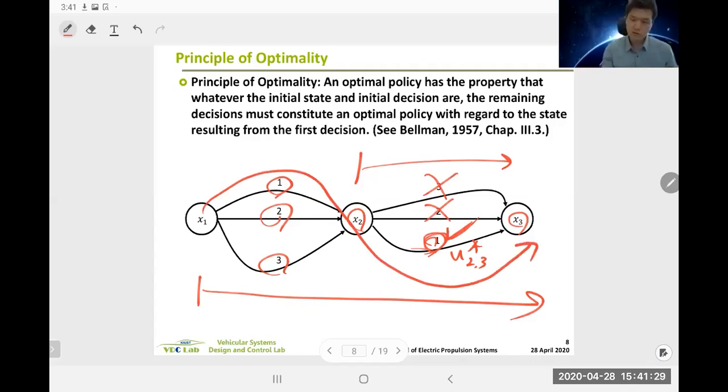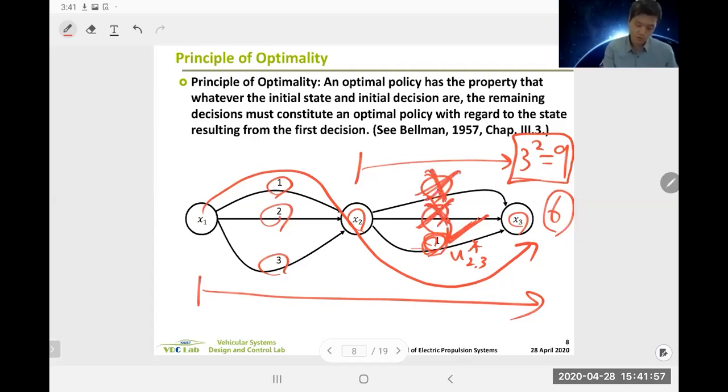Let's look at the number of evaluations. Enumeration was 3 times 3, which is 9. But here we evaluated 6 times, because initially we evaluated 1, 2, 3, then we chose this one and deleted the others, so they are no longer candidates. Now we only have to evaluate this one with this, this, and this. So now we have 6 evaluations.